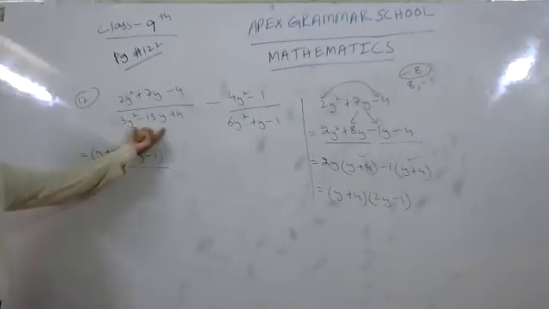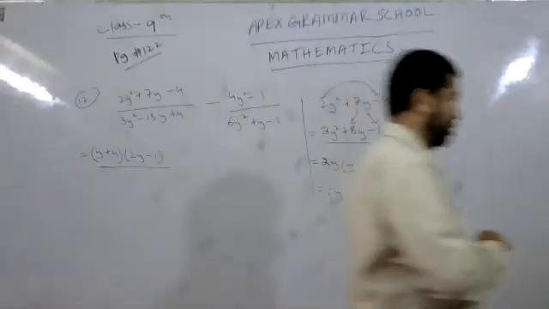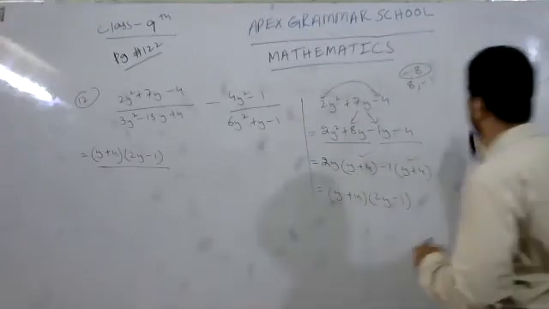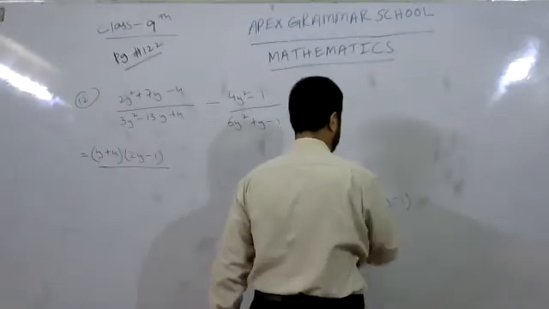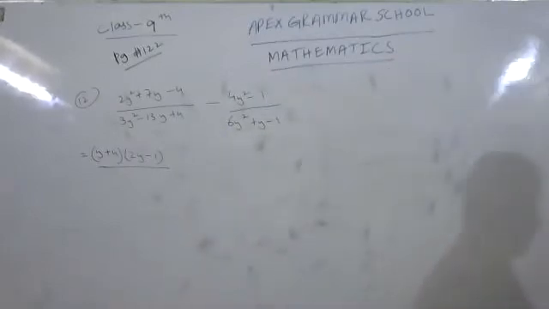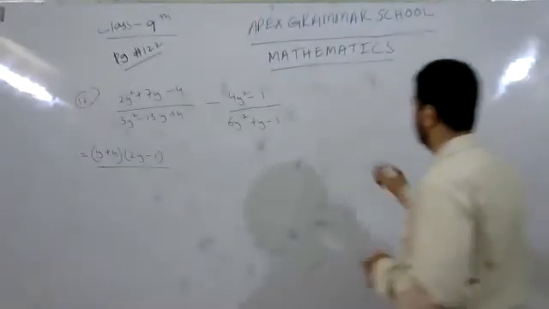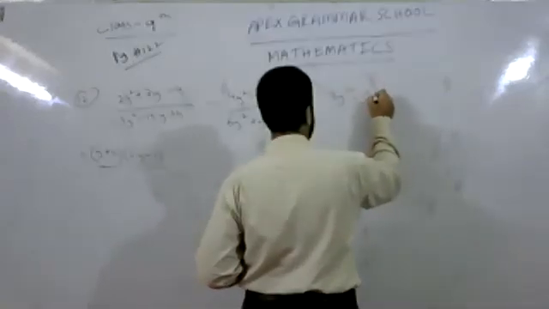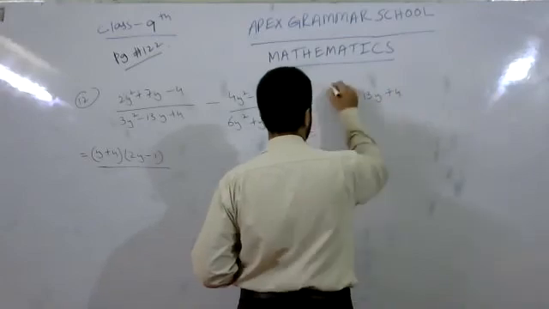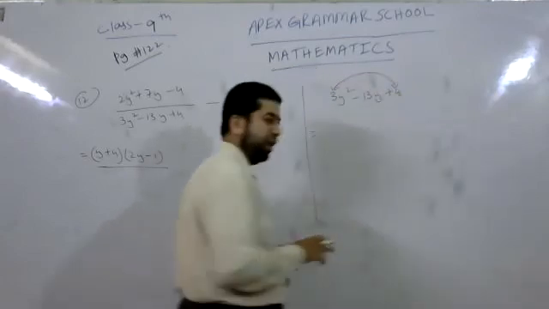Now for this term, 3y square minus 13y plus 4. 3 multiplied by 4 is 12.